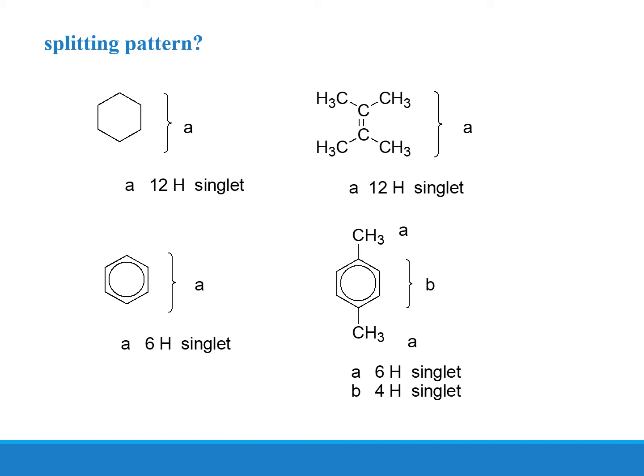So for this structure itself, none of the hydrogens 1, 2, 3 and 4, the methyl hydrogens and the ring hydrogens, are neighboring; they are 4 bonds far from one another, right? So the hydrogens are chemically non-equivalent, but they are non-neighboring too. So they simply appear as a singlet, and we cannot talk about splitting pattern in these structures.